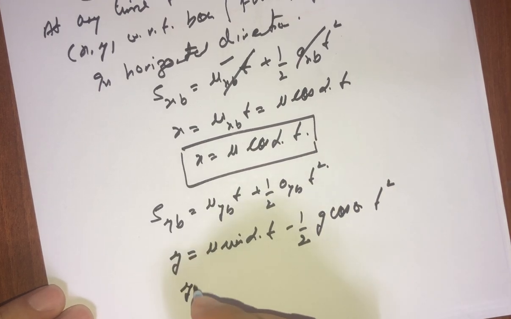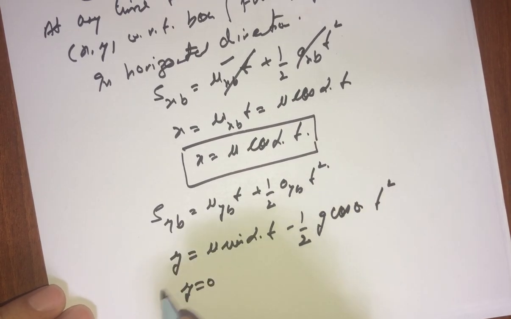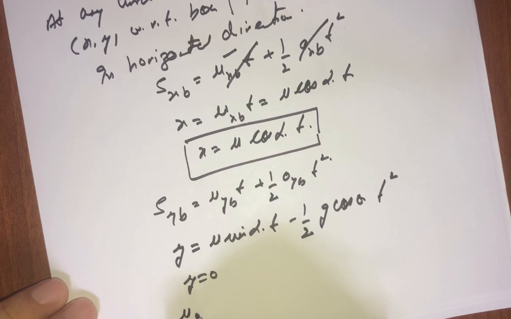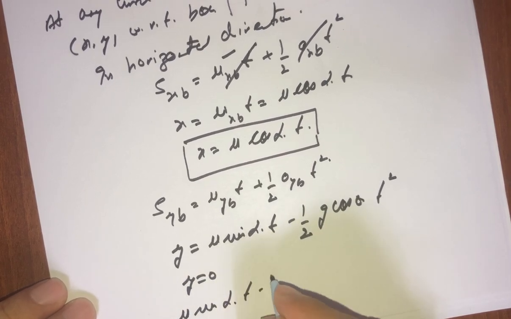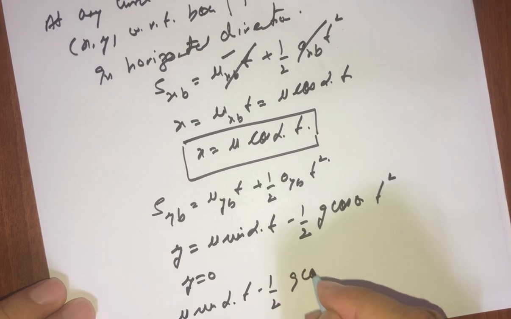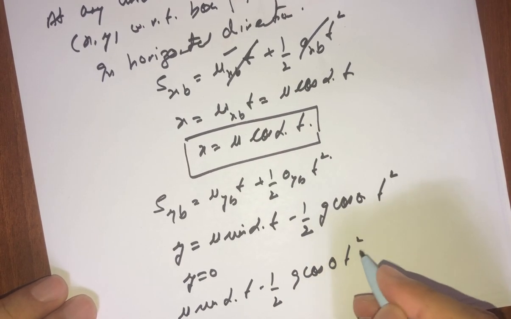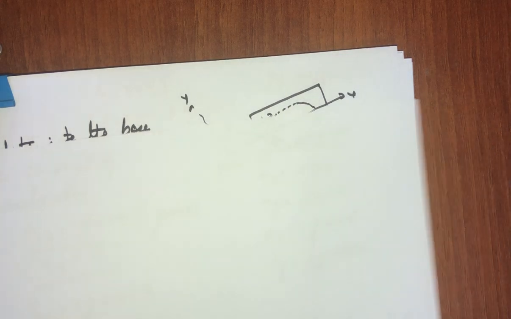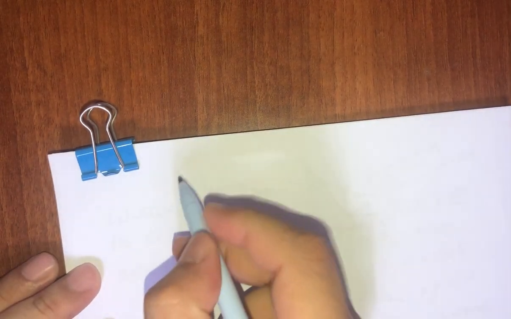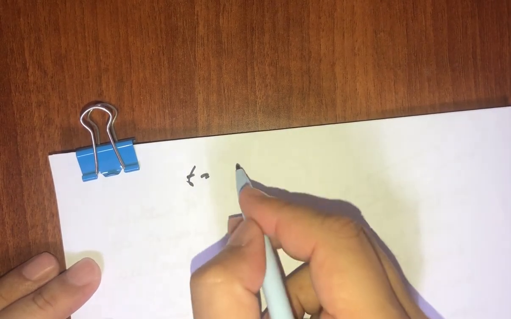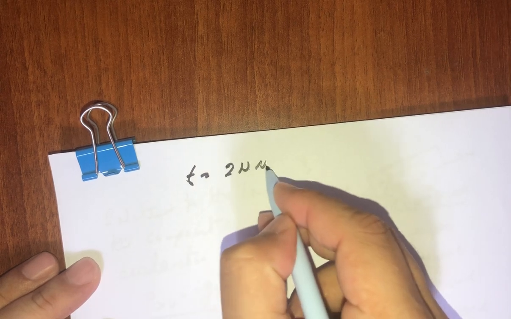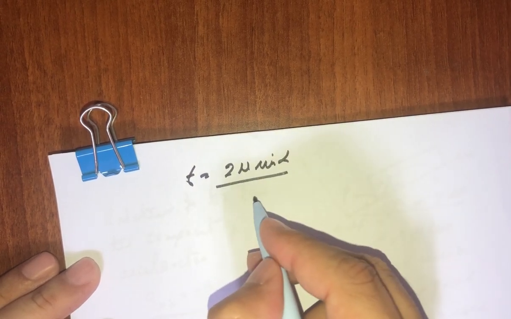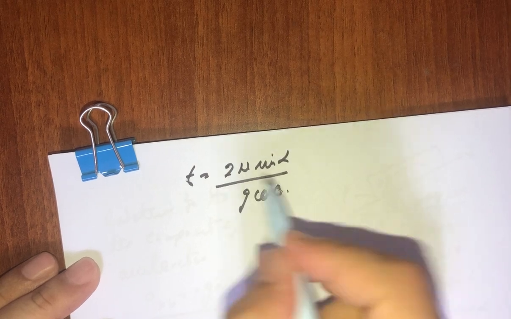So we can say that y is equal to 0. Putting y equal to 0, we get u sine alpha t minus half g cos theta t square is equal to 0. From this equation, we can find the value of t. You can see that t is equal to 2u sine alpha divided by g cos theta.